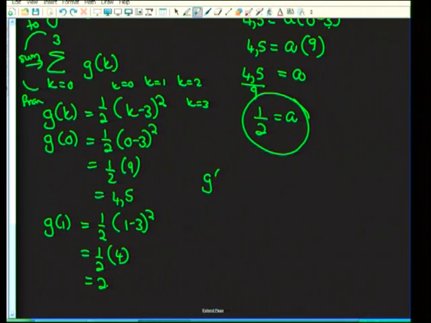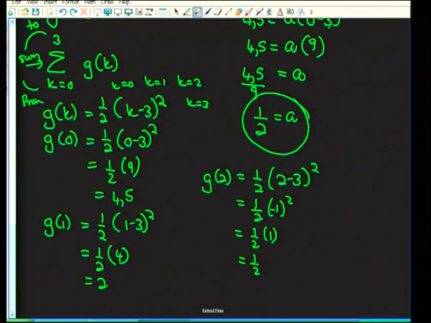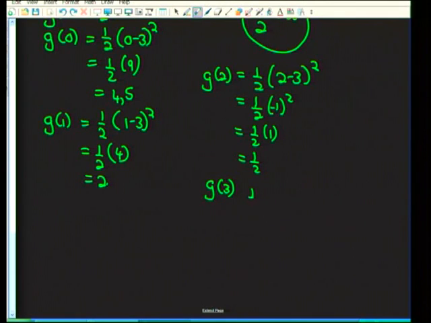The g of 2 is going to be a half of (2 minus 3) all squared, which is going to be a half of minus 1 squared, which is a half of 1, which is a half. And the g of 3 is going to be a half of (3 minus 3) all squared, which of course is going to be 0.